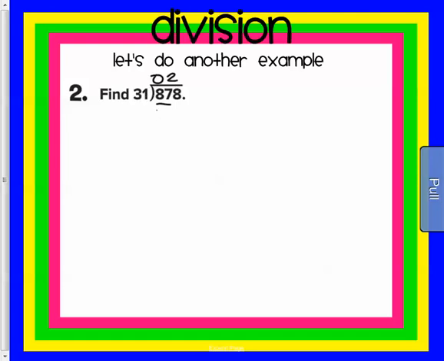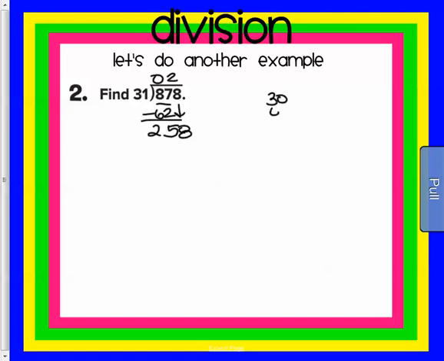2 times 31 is 62. Let's subtract. When I subtract, 7 minus 2 is 5. 8 minus 6 is 2. Bring down your 8. Okay, let's think of this as a 30 and a 260.